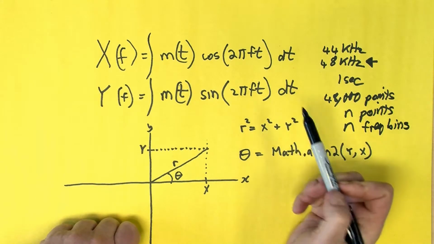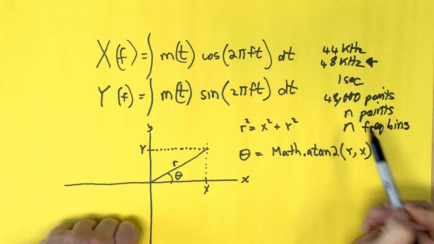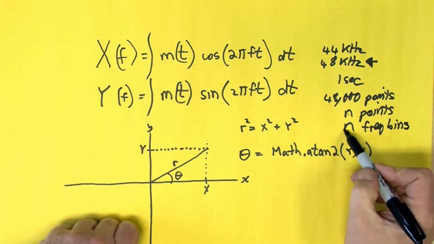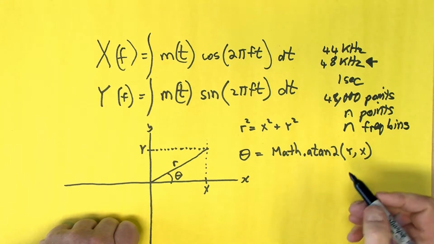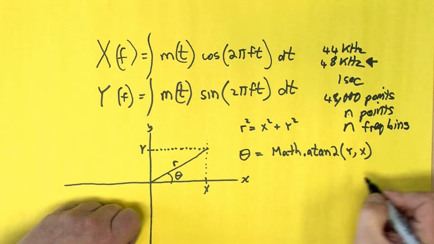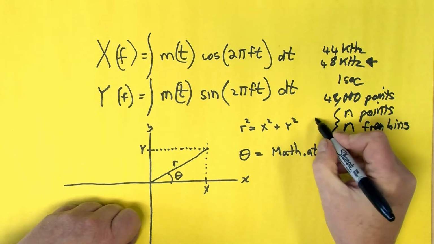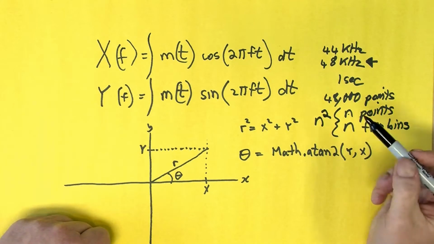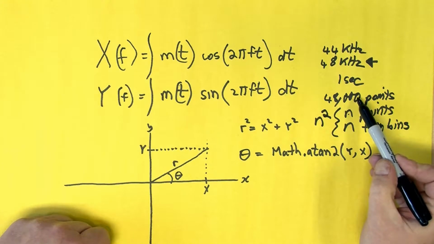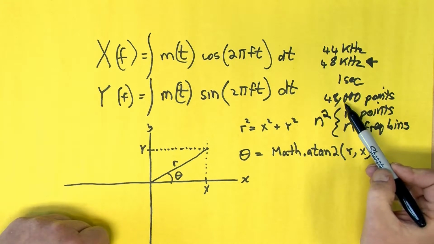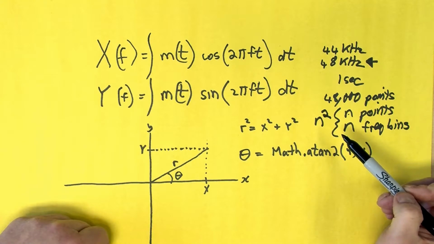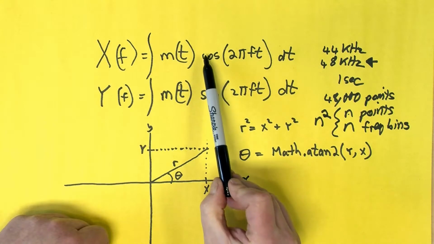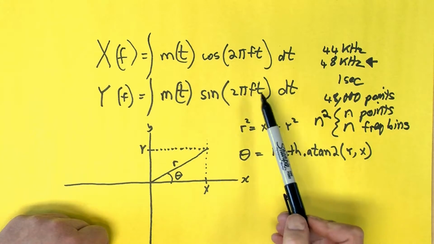And what that means is, if we have n points and n frequency bins, we have to do this calculation n times n times, or n squared times. That's a lot of computation. It's really a lot when you're dealing with a large number of n. Even a smaller number of n, like 1,000, would, for instance, produce an n squared of 1,000,000. And if you remember anything about trigonometry, it's actually quite hard to do these calculations, so you'd want to minimize it.